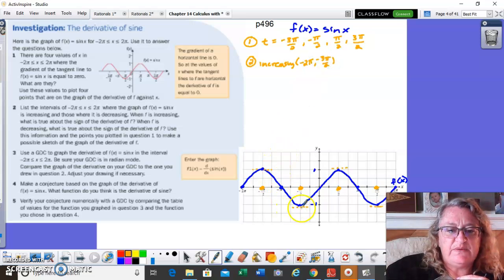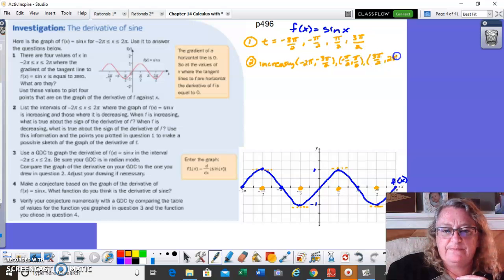The second place it would be increasing starts here and goes up to there, so that's negative pi over 2 to positive pi over 2. And the third place it's increasing is from 3 pi over 2 to 2 pi.